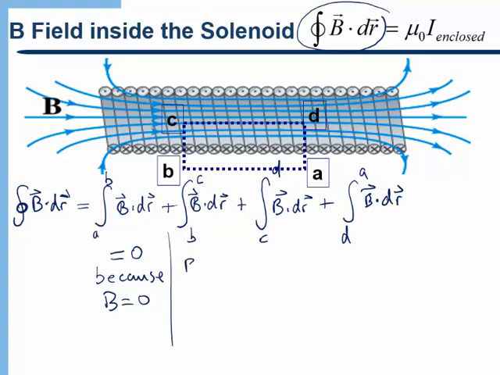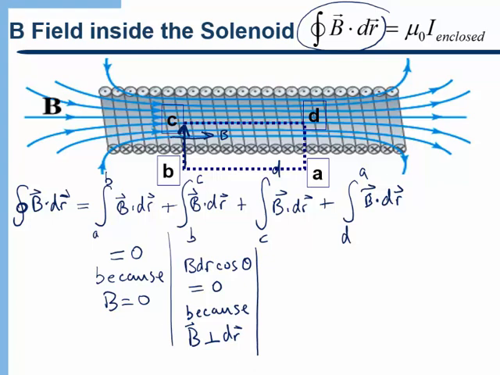So inside that, we're really doing B dr cosine theta, where theta is the angle between B and dr. Notice that our path from b to c is in that direction. Outside, the magnetic field is 0 anyway, but inside, the magnetic field is in that direction. So B dot dr equals 0 because B is perpendicular to dr. So that part of the integral is 0.